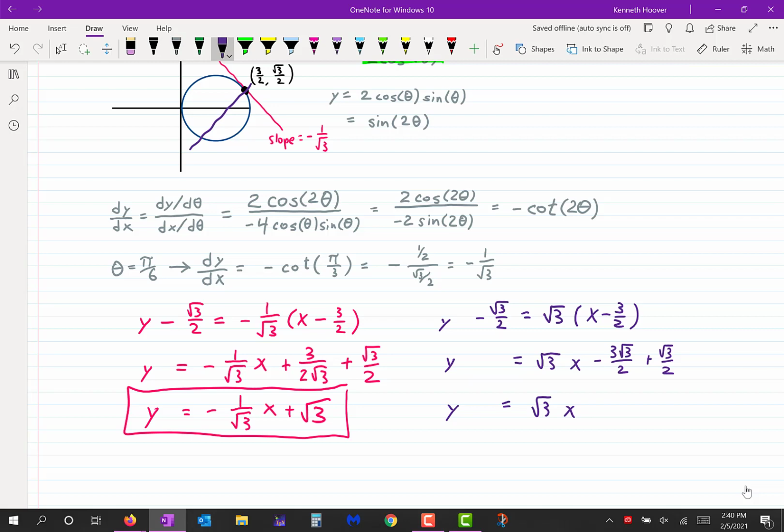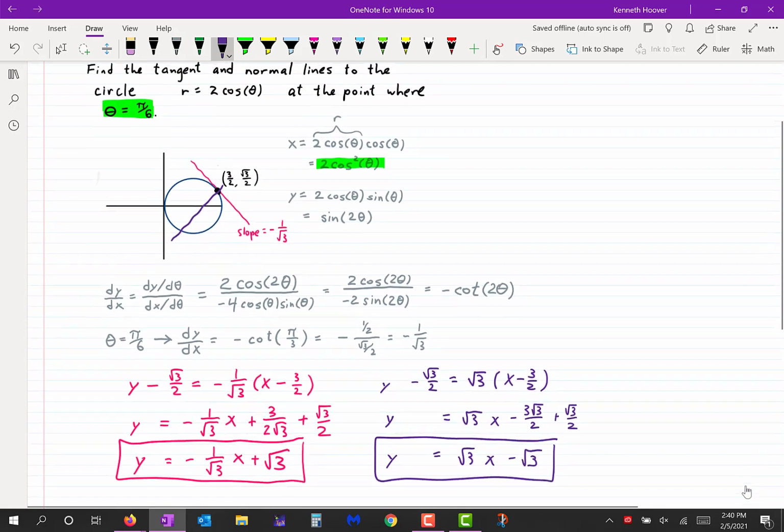What's that last part going to simplify to? Won't it be negative 2 root 3 over 2? But then those 2's will cancel, won't they? So we just get minus root 3. And that's our normal line. Okay, so that's not too bad.